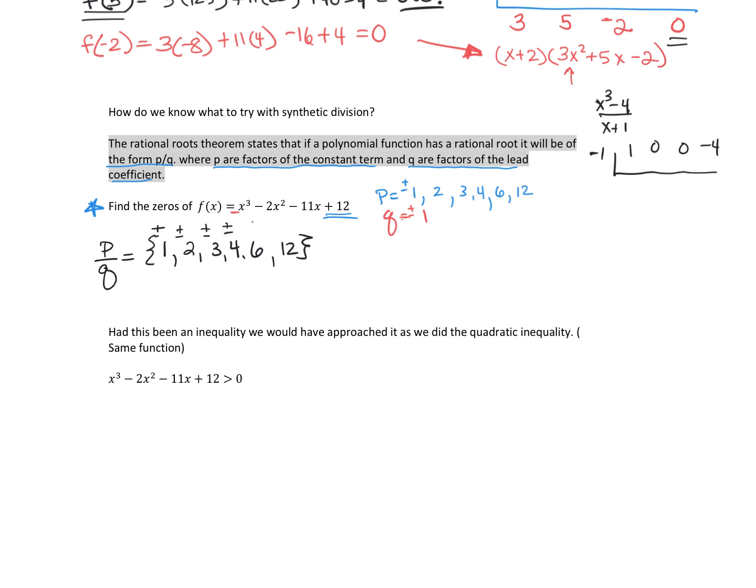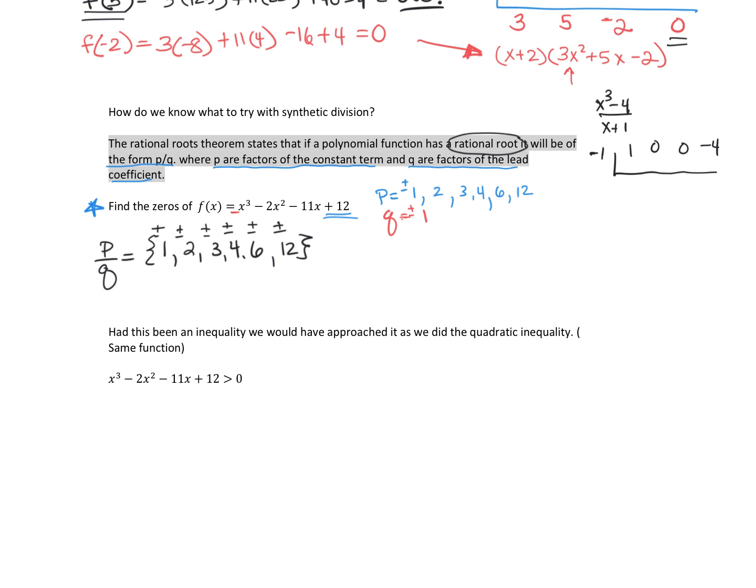So that means if I was looking for the real zeros, or rational zeros, of this polynomial, there would be no reason for me to try anything except a number that was in that list. So I know right away that 7 is not a 0 of this polynomial because 7 is not in that list.